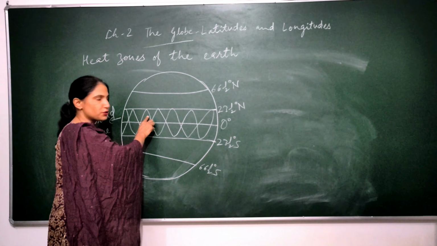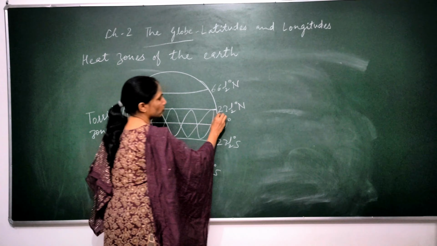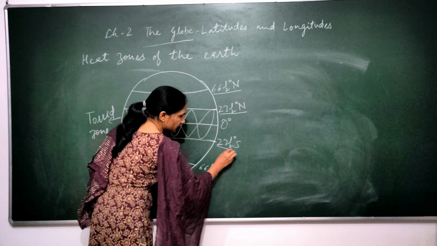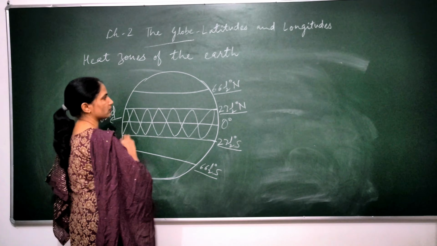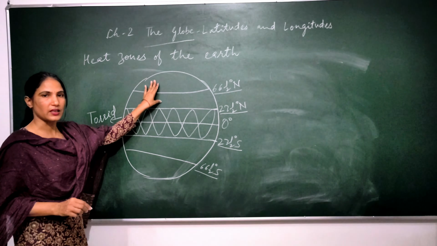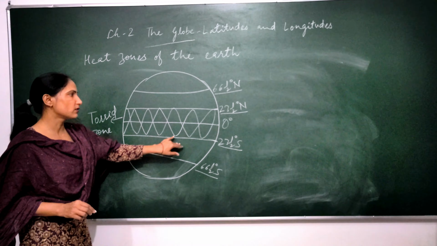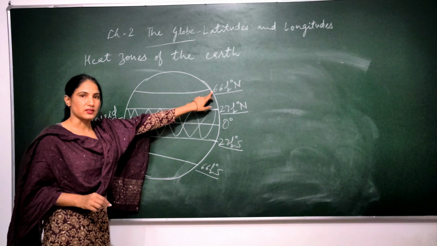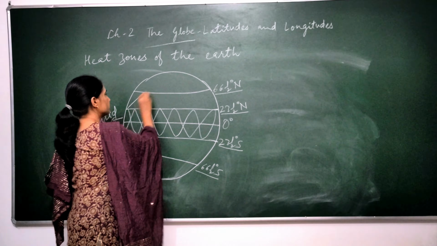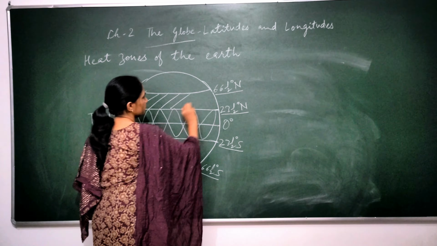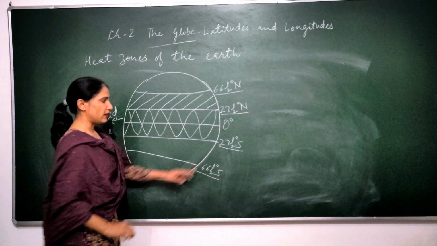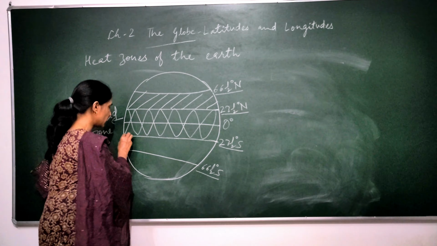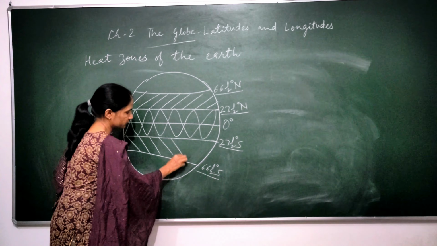So first is the torrid zone. Second is from the Tropic of Cancer to the Arctic Circle, and from the Tropic of Capricorn to the Antarctic Circle. This is located in the northern hemisphere and the southern hemisphere: from the Tropic of Cancer to the Arctic Circle in the northern hemisphere, and from the Tropic of Capricorn to the Antarctic Circle in the southern hemisphere.